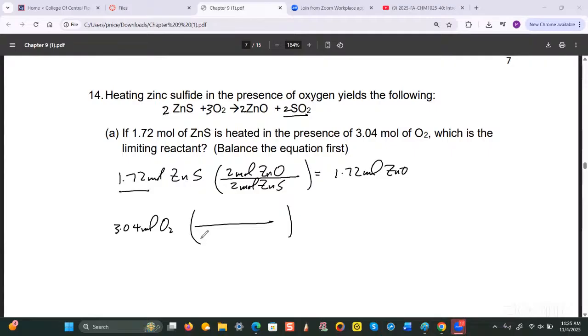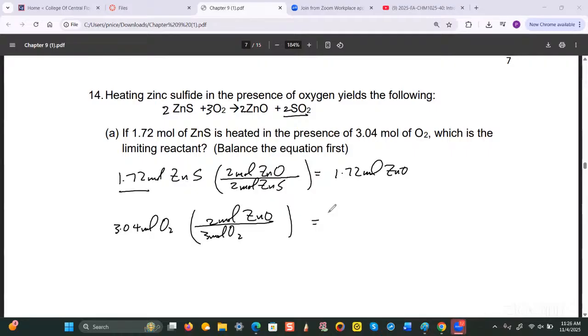Three moles O2 on the bottom. 3 moles of O2 above, and what goes below? Should it be the bottom? I'm sorry, the bottom. Yeah, you're right. 3 moles of O2 below, and what goes above? 2 moles of zinc oxide. Exactly. So let's do that calculation.